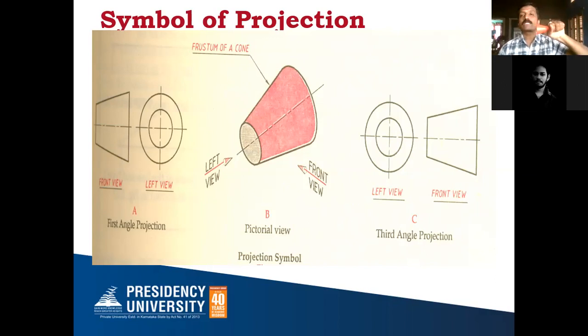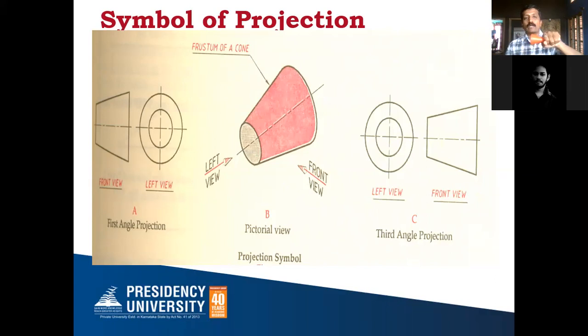For this frustum of a cone, if I want you to draw the left view and front view by considering the first angle and third angle projection systems, then you can identify which is the first angle projection system and which is the third angle projection system. In the first angle projection system, the front view you are going to get as a trapezium, correct?